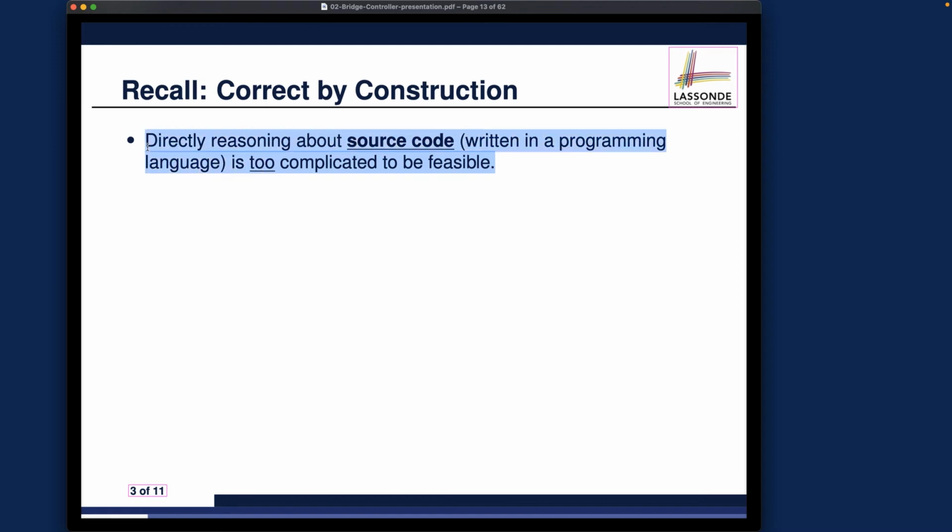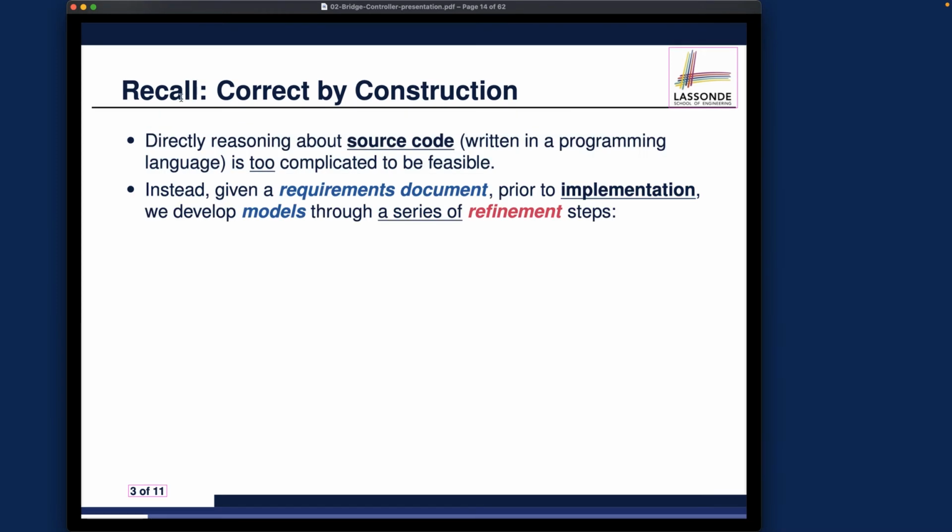This is why this course exists, because rather than going directly to assess, prove or analyze something that's too big, you want to do construction one step at a time, with something much smaller. Instead, given the requirements document, which is something I want to introduce from this week, and which you also had a little exposure to in your lab number 1 tutorial, prior to implementation you want to develop models rather than just a single source code.